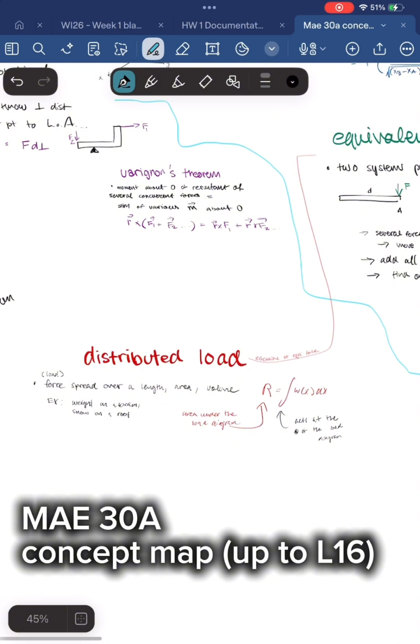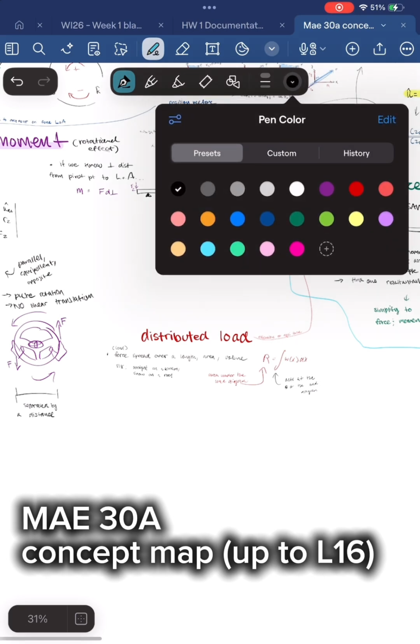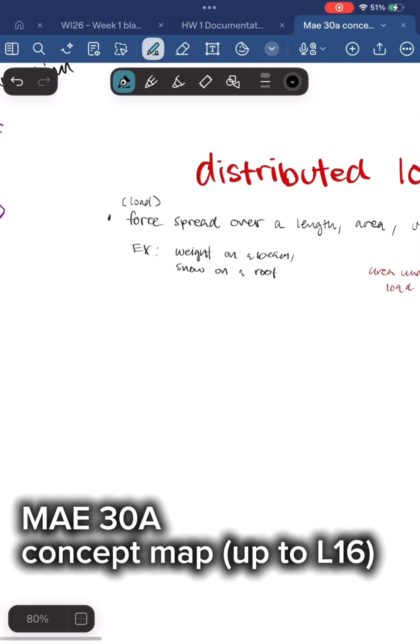And how do we determine the location of the resultant? That's given by x̄_R equals the integral of x w(x) dx over the integral of w(x) dx.